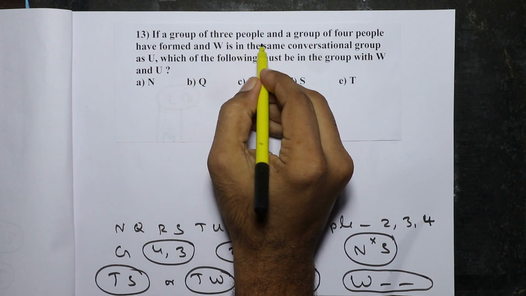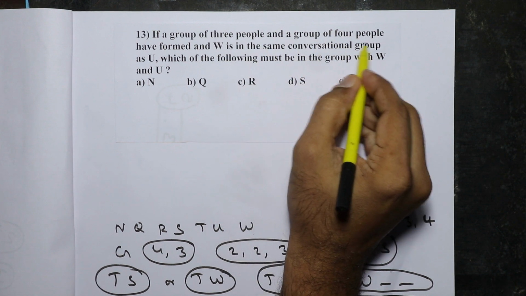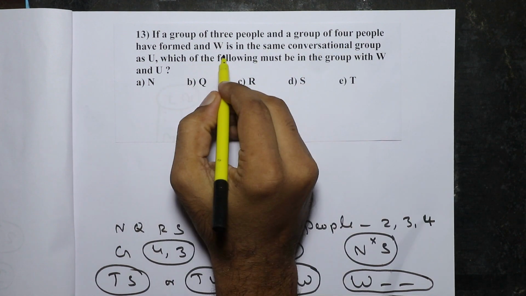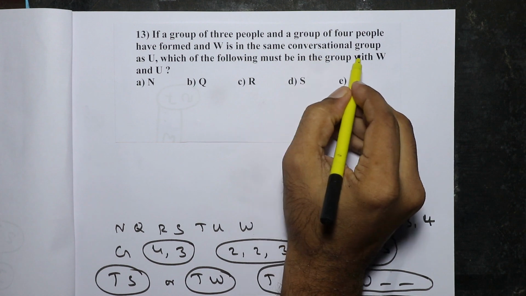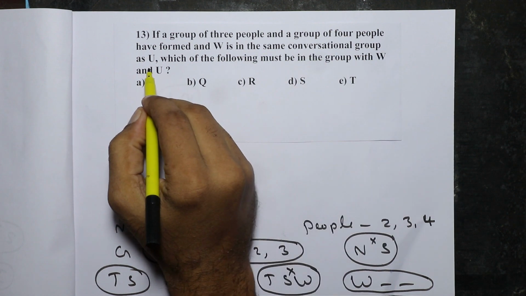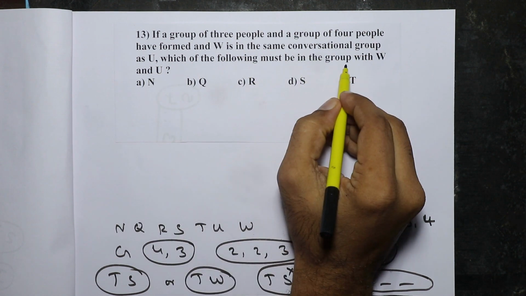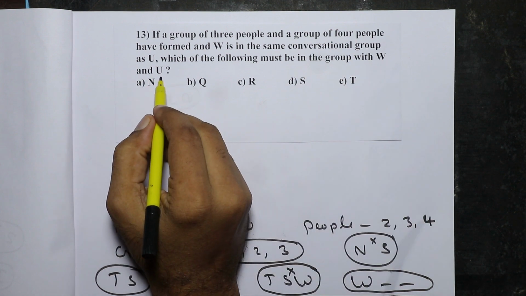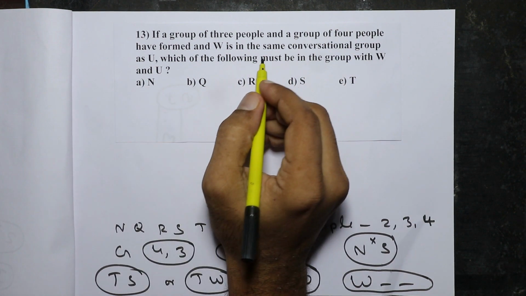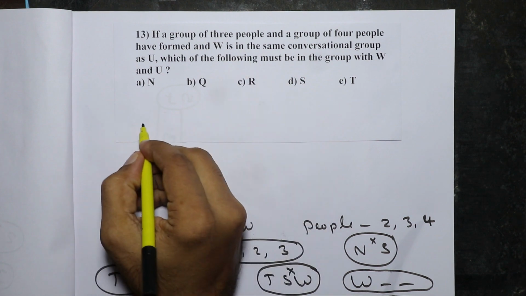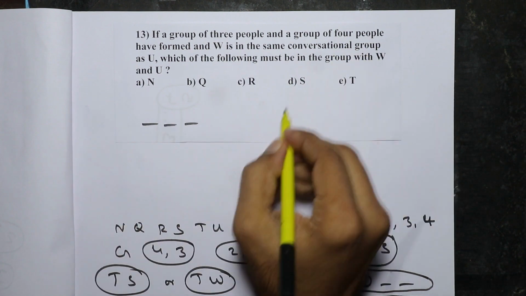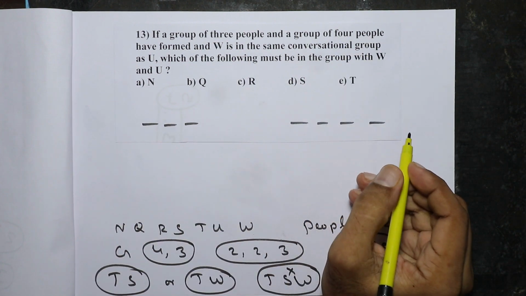If a group of 3 people and a group of 4 people have formed and W is in the same conversational group as U, which of the following must be in the group with W and U? So 2 groups have been formed, one group consists of 3 people and the other group consists of 4 people.